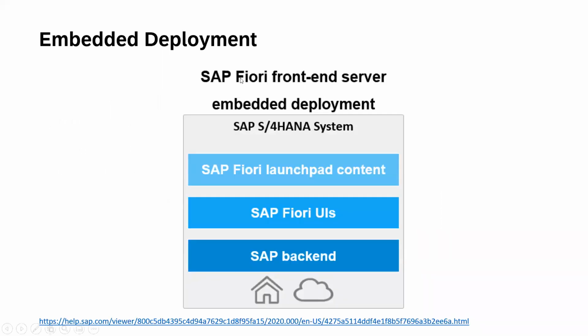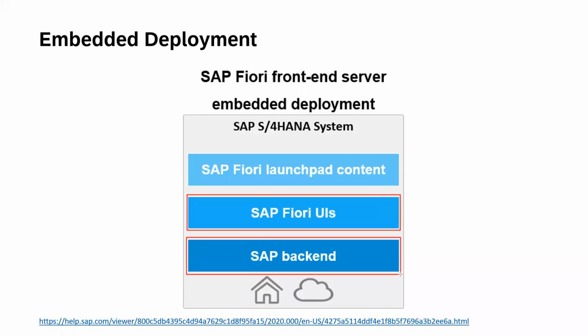What happens in an embedded deployment? Your SAP Fiori front end server, these are your Fiori apps, and your SAP backend. Here you are referring to your application server as a backend.